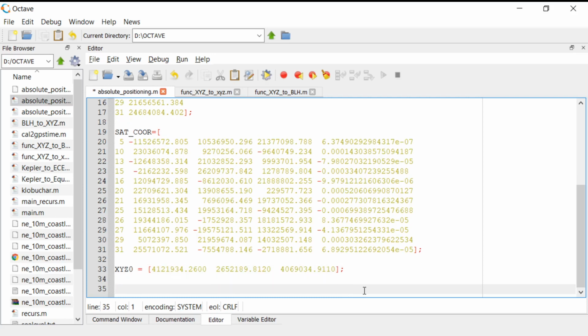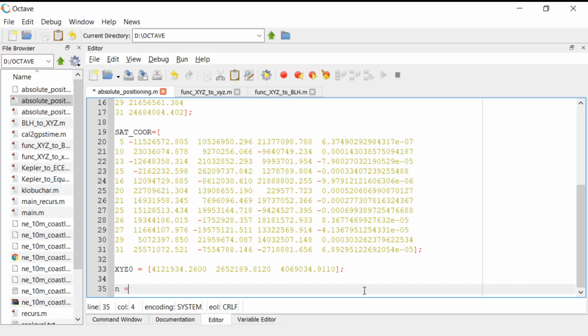Before proceeding, let's plot the so-called azimuth elevation diagram, or sky plot, for the distribution of the satellites in the sky.